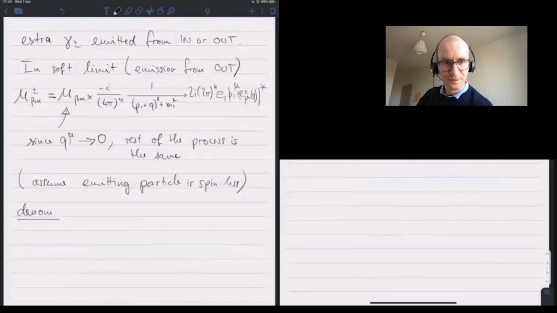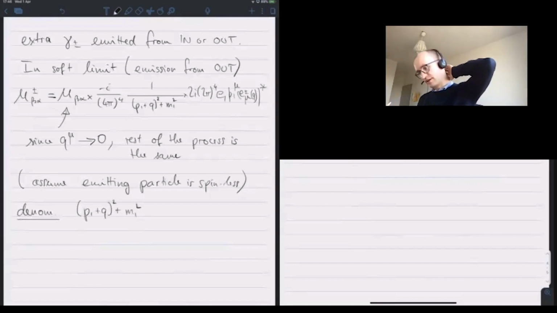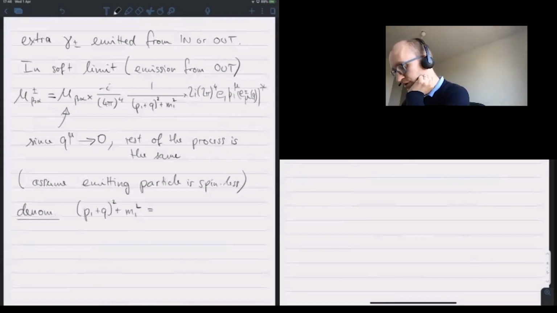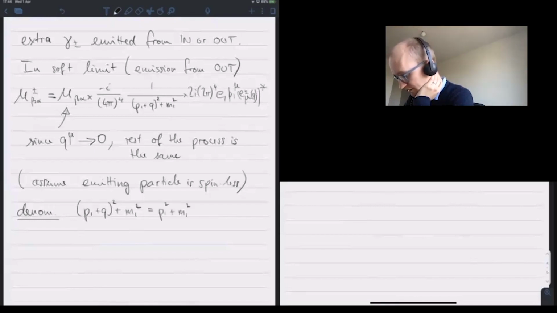We have (P1 plus Q) all squared plus M1 squared. I haven't bothered writing the epsilon factors because they really don't matter for the argument. So what we get is P1 squared plus M1 squared plus Q squared plus 2 P1 dot Q.